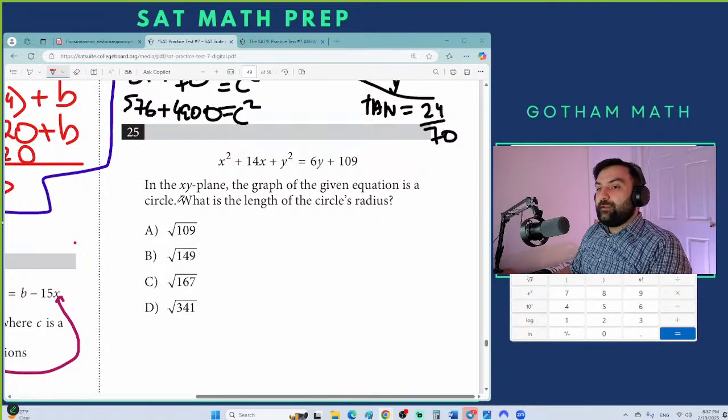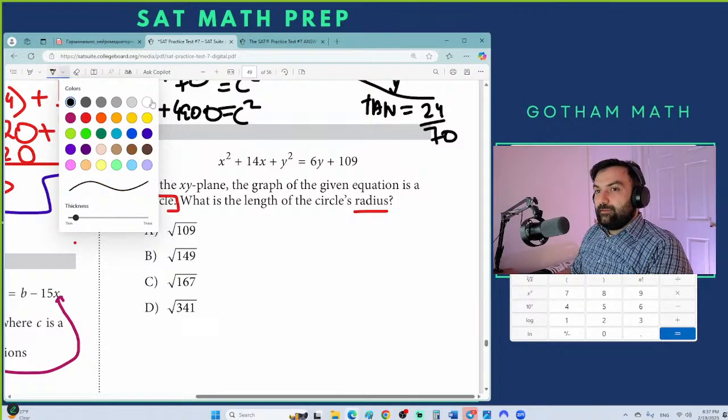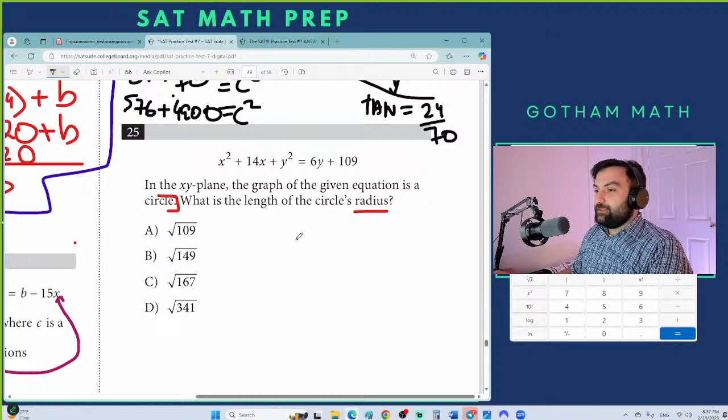Okay, sorry. In the xy plane, the graph of the given equation is a circle. What is the length of the radius? So just find the radius. Okay, so guys, whoever doesn't know that part of the theory, please pay attention now, because this is just knowing how to do it.